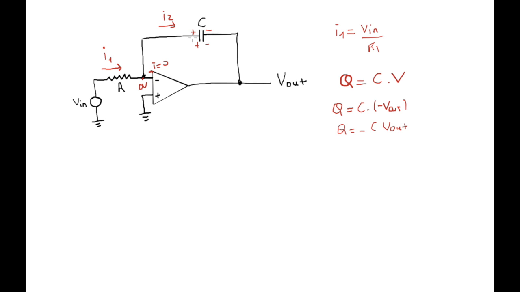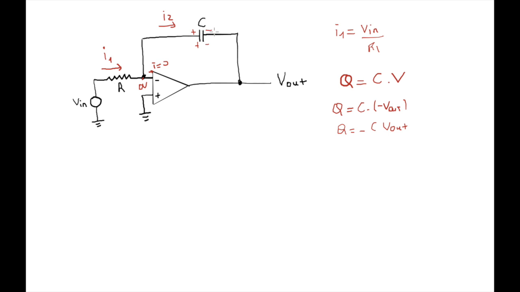Okay, so this is just the charge on the capacitor, but I was trying to get a relationship for the current through the capacitor. Now, what is current? The current can be calculated by looking at the time change of the charge on the capacitor plate. Why?